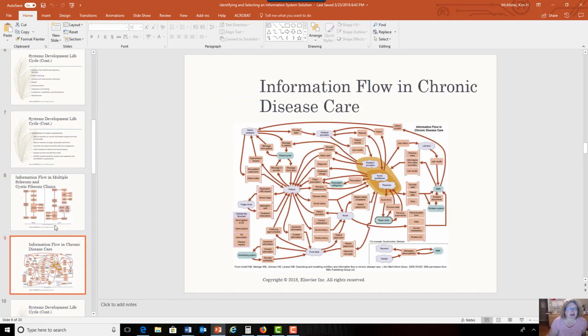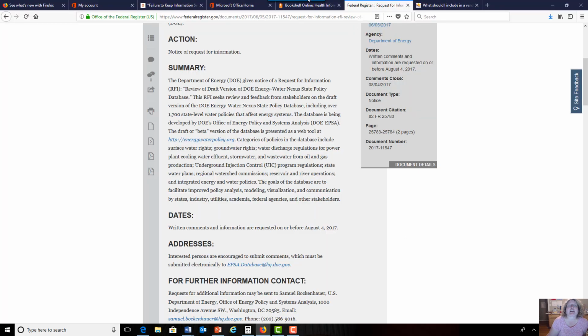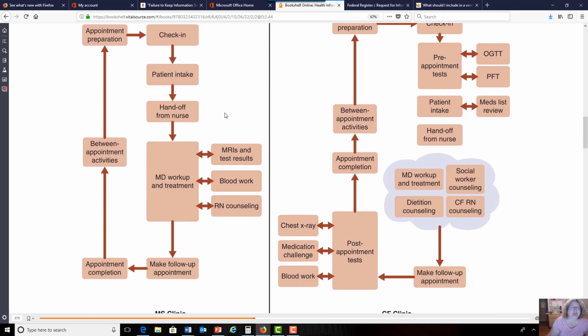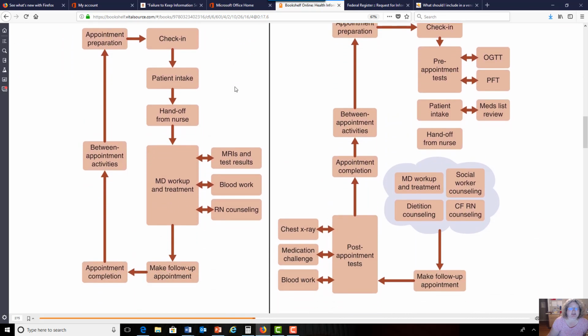So in your slides, I gave you a couple of slides of these flow charts. We're going to pop over here and look at them in a bigger screen. Here, this is actually your textbook, just in VitalBook.